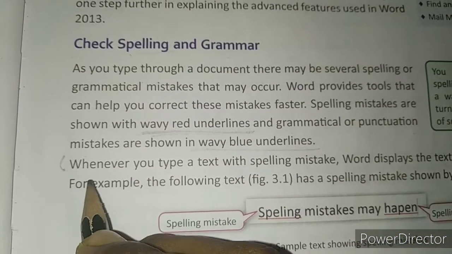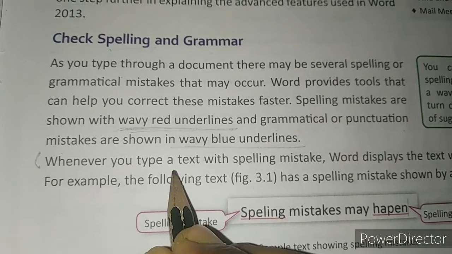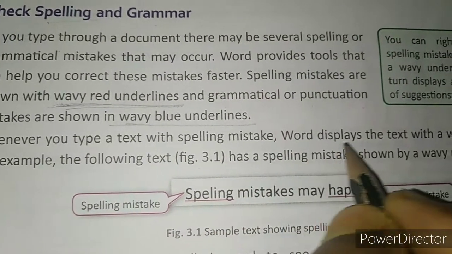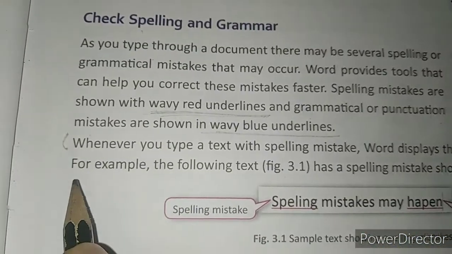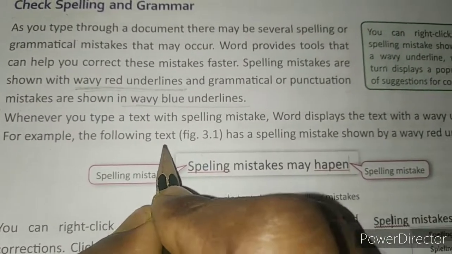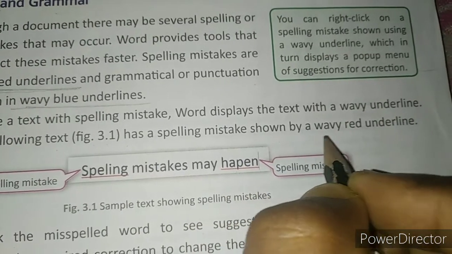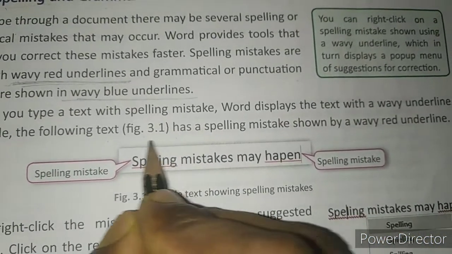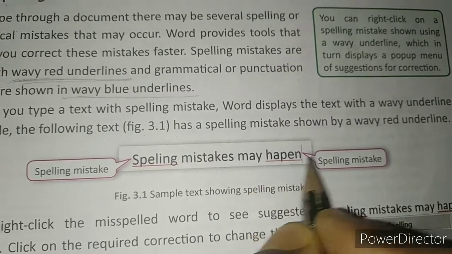Now next, whenever you type a text with a spelling mistake, Word displays the text with a wavy underline. For example, the following text in figure 3.1 has a spelling mistake shown by a wavy underline. You can see a spelling mistake in this word. When you write, spelling mistakes may happen.